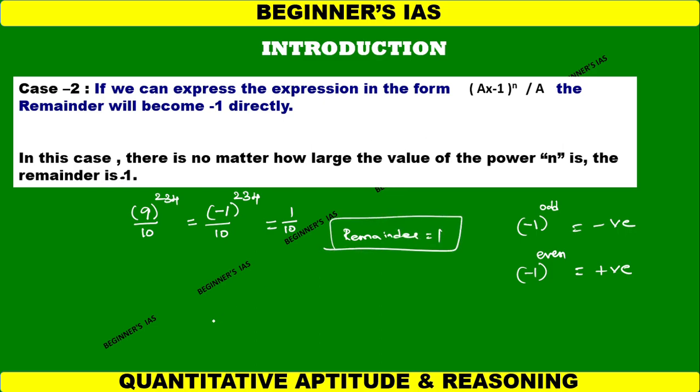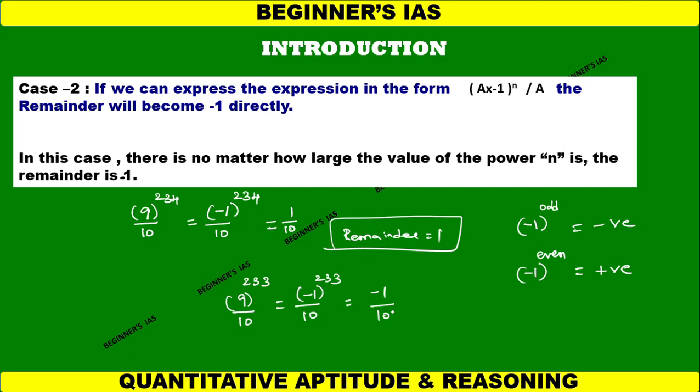Now let us talk about a negative remainder with an odd power. The same example, I am going to take 9 divided by 10, the whole power 233. In this case it leaves a remainder (minus 1) whole power 233 divisible by 10. Here minus 1 is an odd power, so we get minus 1 divided by 10.